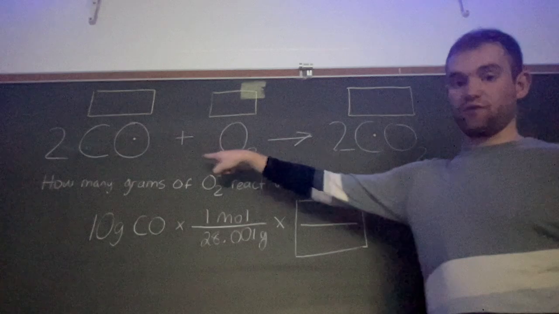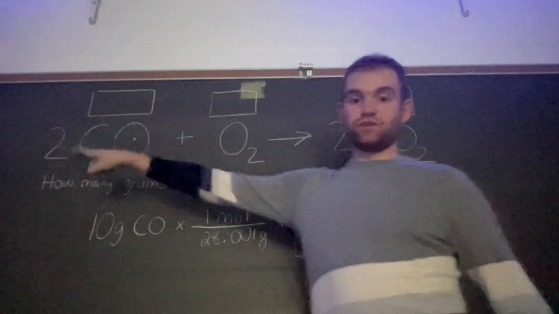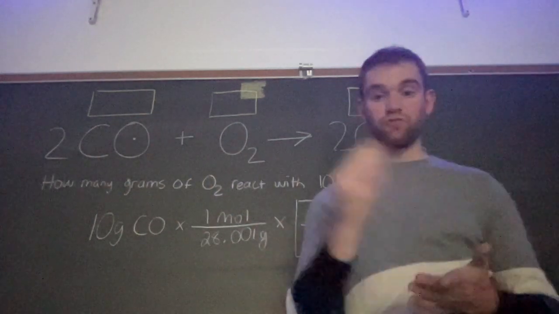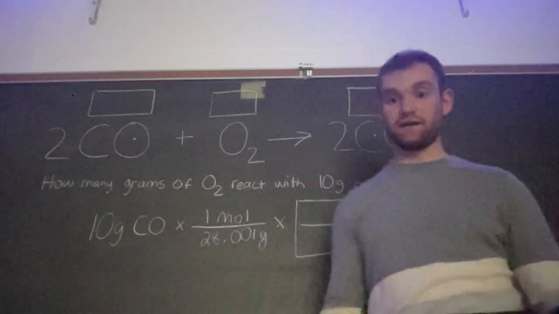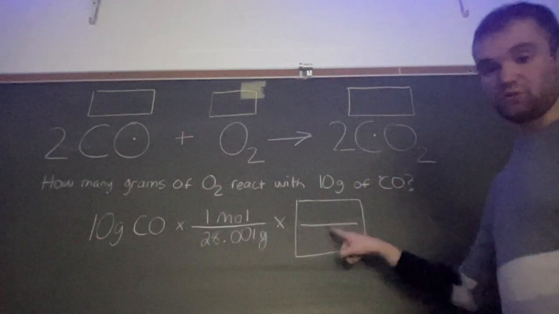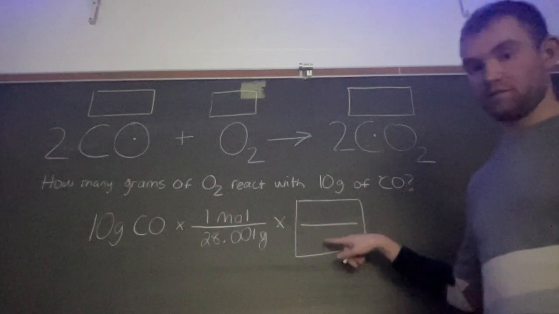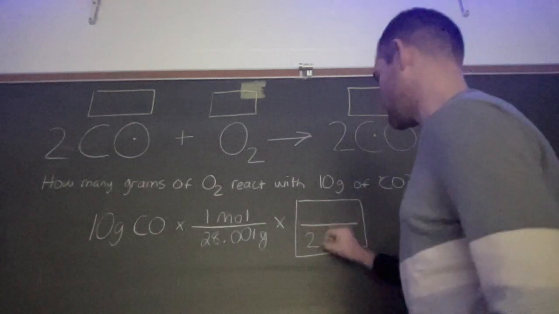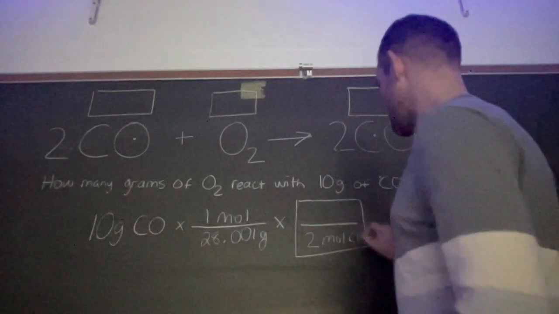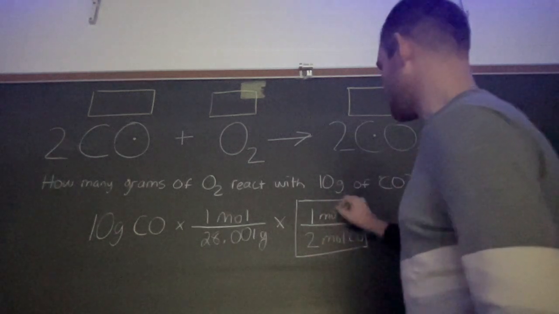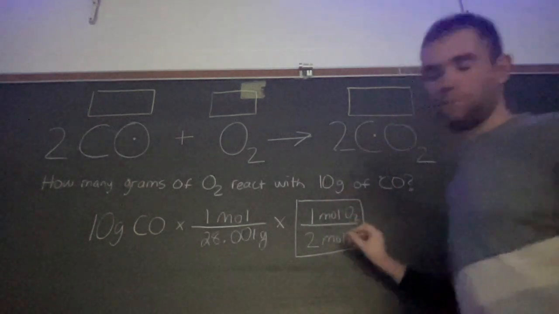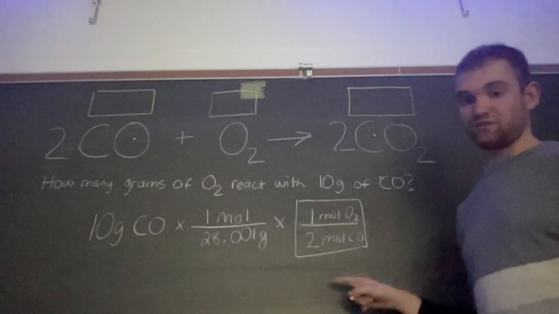There's a 1 out front. So I'm going from 2 to 1. How do I go from 2 to 1? I divide by 2. That means the 2 moles of CO is going on the bottom to cancel out. So 2 moles of CO. And there's 1 mole of O2 for every 2 moles of CO. So that's my fraction setup.